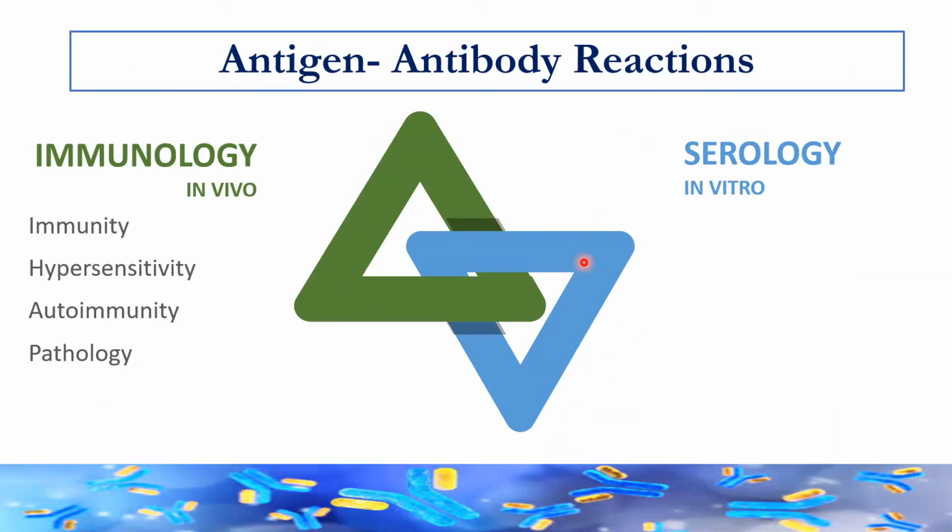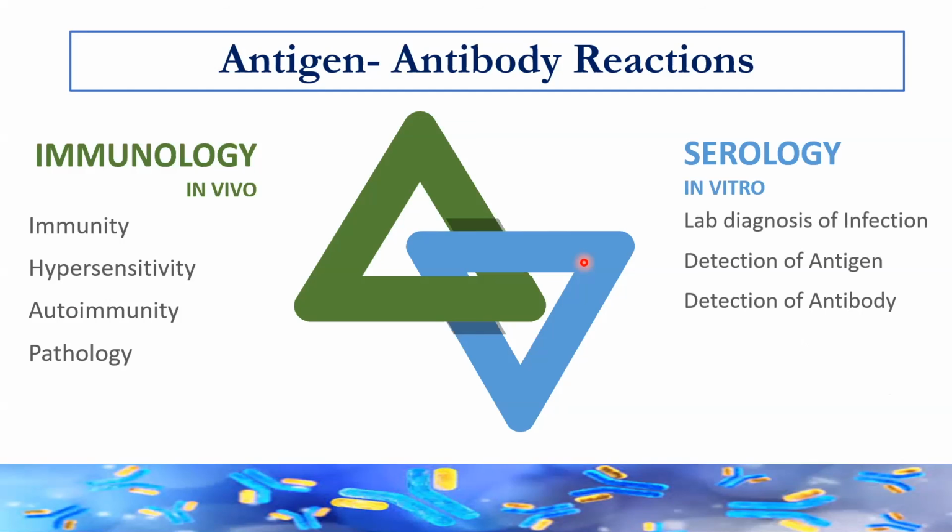Therefore, immunology includes the reactions between antigen and antibody like hypersensitivity, autoimmunity, pathology, and so on. Whereas serology includes antigen antibody reactions which are used for lab diagnosis of infection, where you detect the antigen or you detect the antibody. So this is the basic difference between immunology and serology.